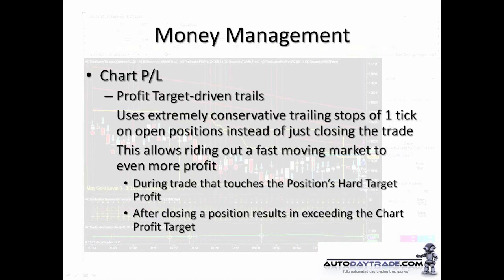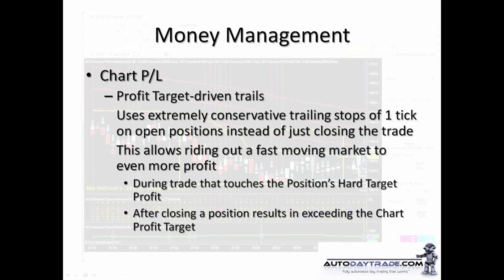Profit target driven trails. This uses an extremely conservative trailing stop of 1 tick on open positions instead of just closing the trade. What this refers to is when you create a fixed profit target for a given position and it hits it. Remember that diagram earlier on with the cyan line that turned to a dashed line when it exceeded the fixed profit target?